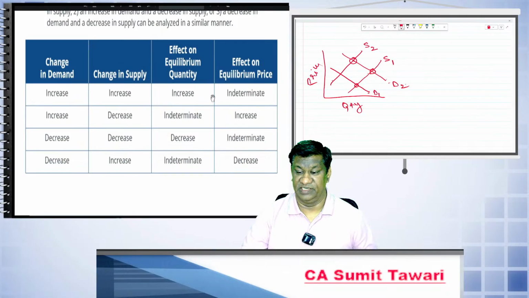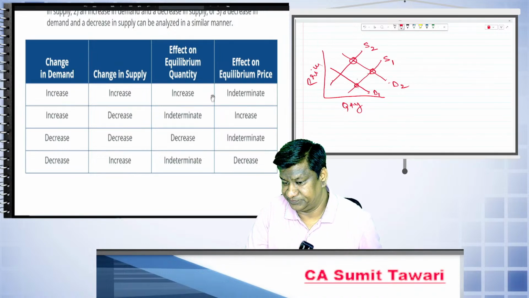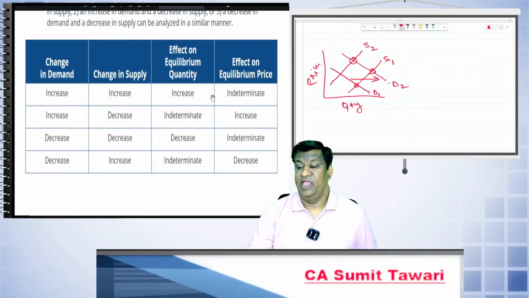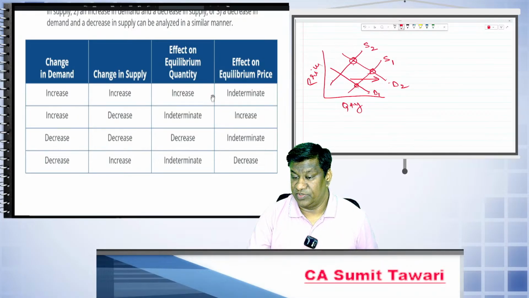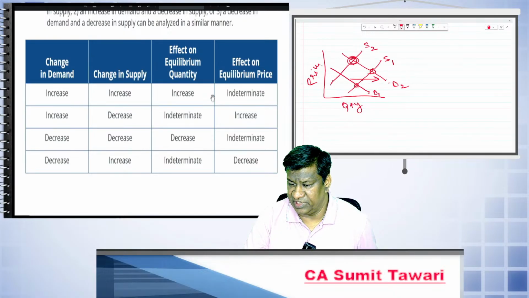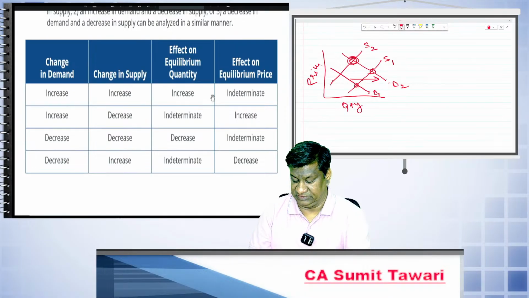This is the question. When my demand increases from D1 to D2, and the supply also increases from S1 to S2, this might be the equilibrium quantity that we can produce or supply. But why can we not decide the price?